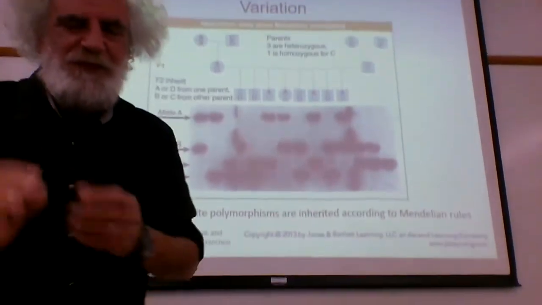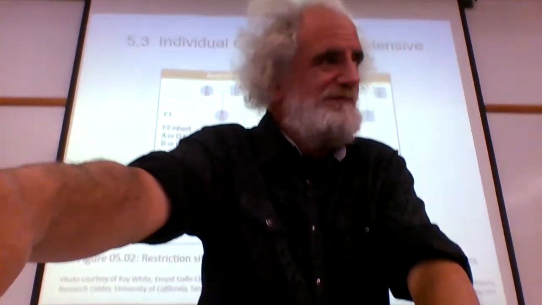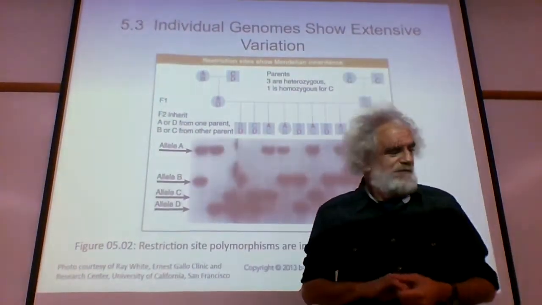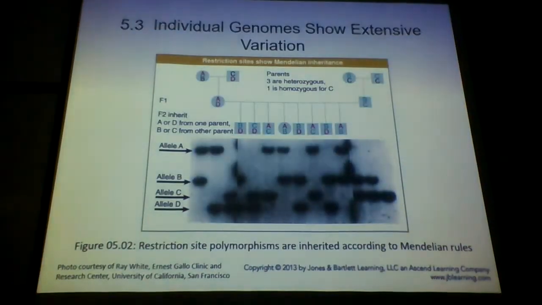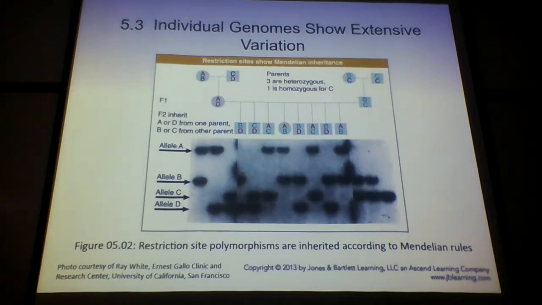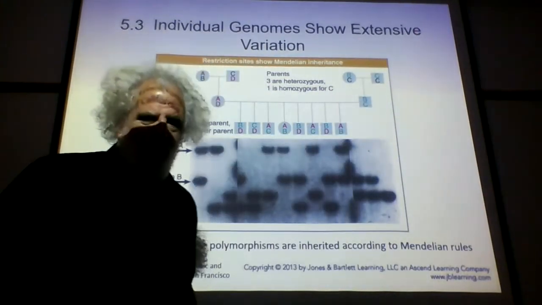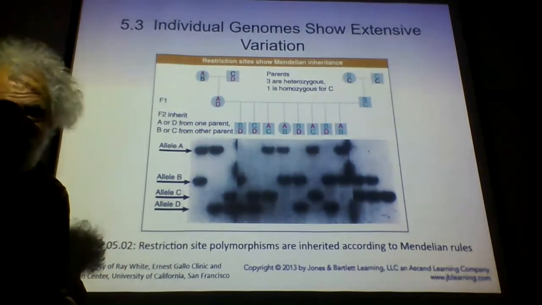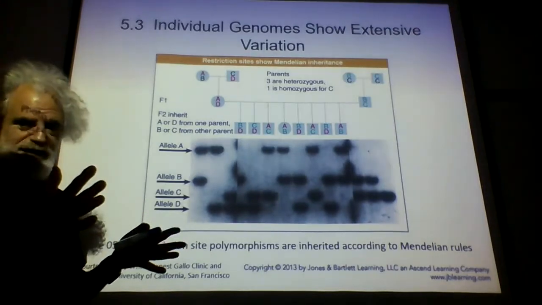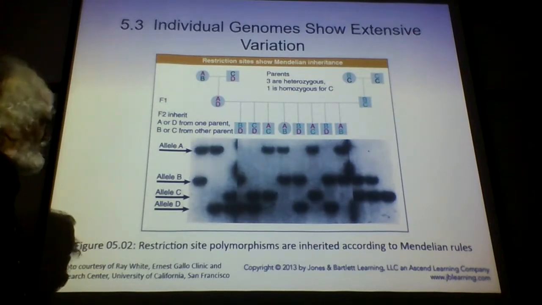All right. So this is a blot that is showing RFLPs. We've got a region of the genome that we have established a probe with. If we have a chunk of DNA, we can use it as a probe in a DNA hybridization experiment.